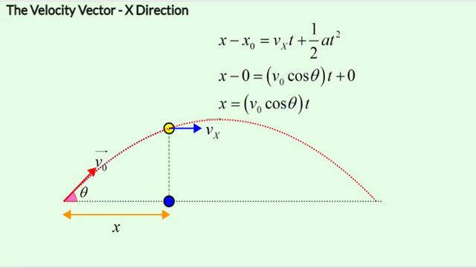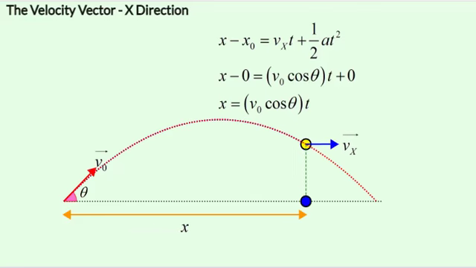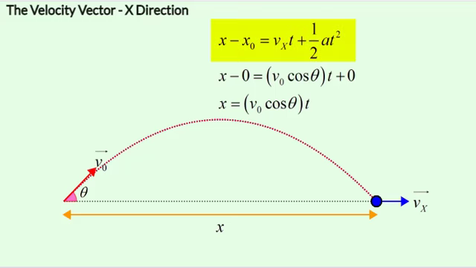If we want to know the x displacement after a time t, we set up the displacement formula, which is x minus x0 equals the initial velocity times t plus half a t squared. The initial displacement x0 is 0. The initial velocity along the x-axis is v0 cos theta, and the acceleration along the x-axis is 0.